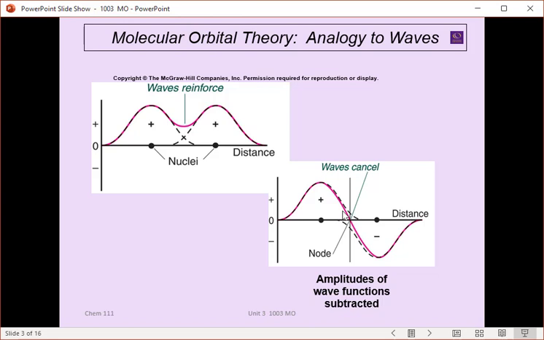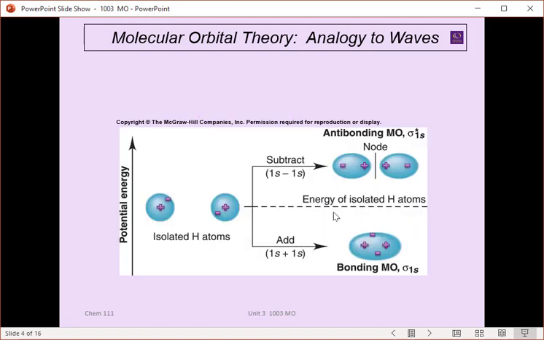So that's a wave explanation of this, which is, in my mind, a little hard to understand. It's not that helpful to students. This way of thinking about it makes a little better sense to me. Let's say we have two hydrogen atoms, and they're going to covalently bond. If they're in phase, the idea is what we've talked about in class.